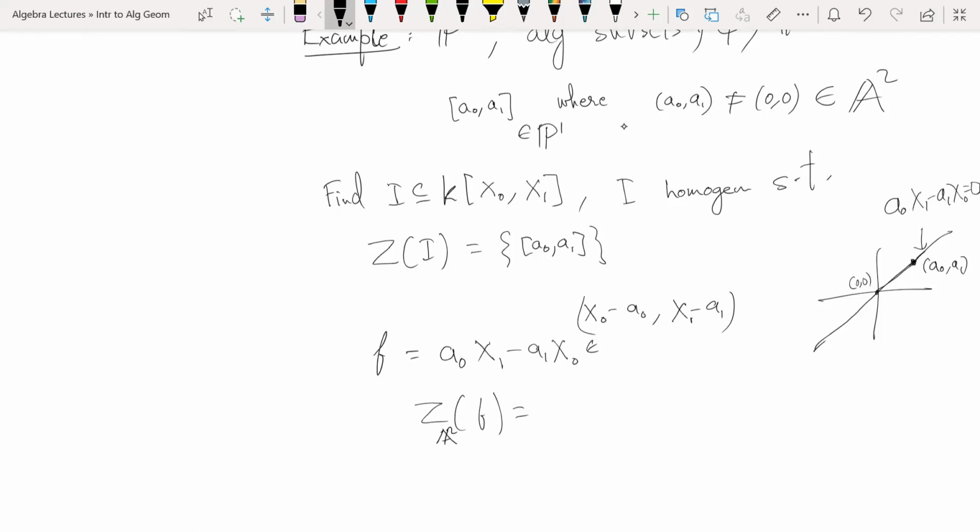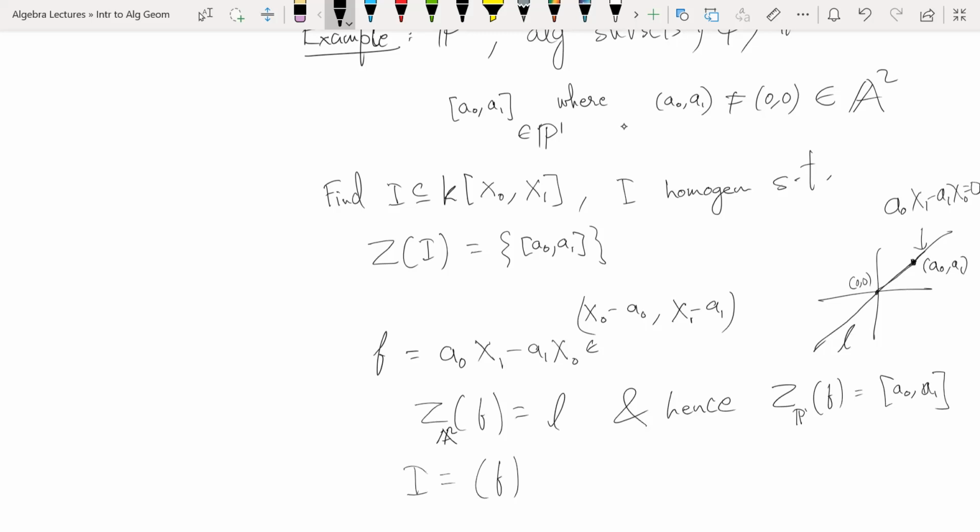So Z of f is precisely this line, let's call it L, and hence Z of f in P1 is just this point in P1. So you can take I to be the ideal generated by f.